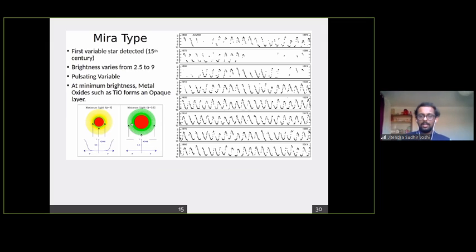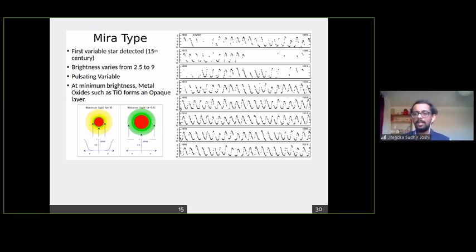Because of this decrease, the metal oxide layer that formed will vanish, it won't form again. But when this process starts again, the metal oxide layer will form on the surface of the star. So this is what we observe, and that's why we see this pulsating variable.